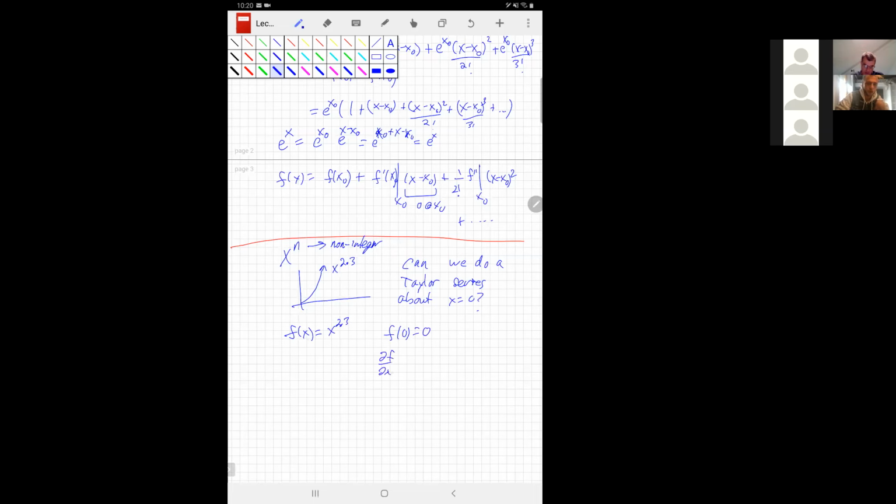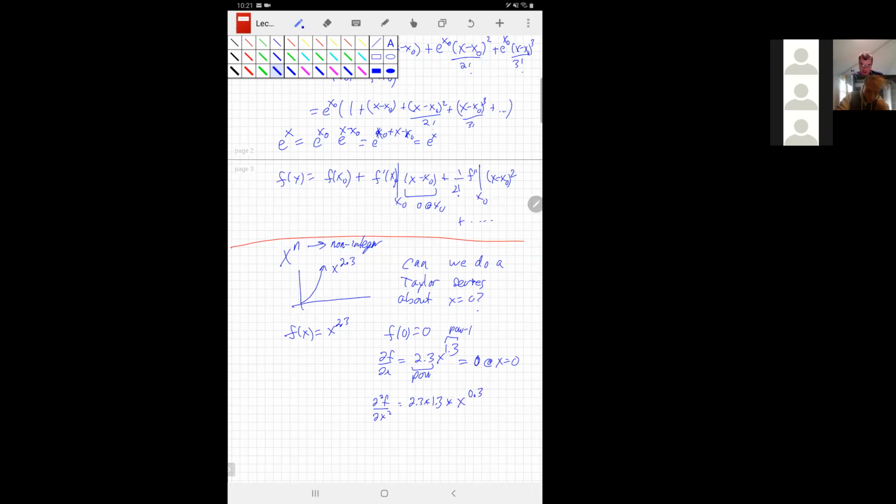Partial f by partial x will be 2.3 x to the 1.3, because whenever you take the derivative of a power, you get the power out here, and then you get the power minus 1 over there. So far so good, and this is equal to 0 at x equals 0. The second derivative will be 2.3 times 1.3 times x to the 0.3.